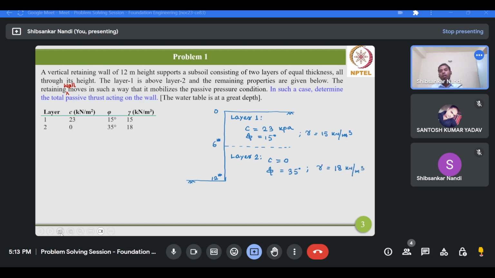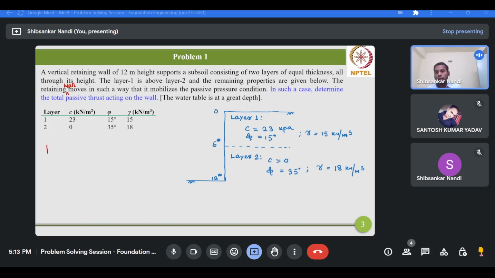First we'll determine the passive earth pressure coefficient, because as you know, to determine the distribution of the passive pressure, you should know the coefficient of passive earth pressure for each individual layer, that is for layer 1 and layer 2. Now what is the analytical form of distribution of passive earth pressure?